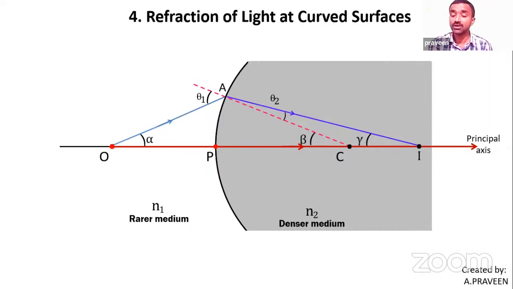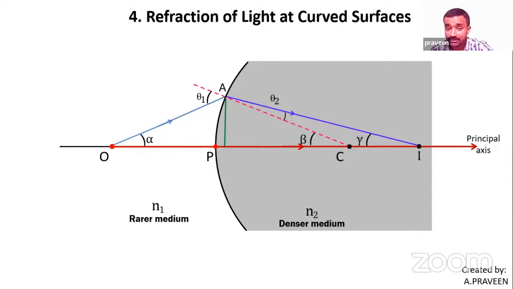To make the triangles right-angled triangles, I am drawing a perpendicular onto the principal axis from the point A, as you see here. So connect point A and the principal axis with a line that is perpendicular to the principal axis. Now the line is drawn, so it is perpendicular.